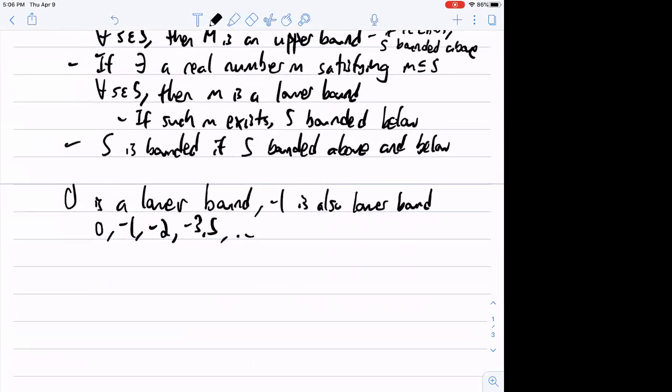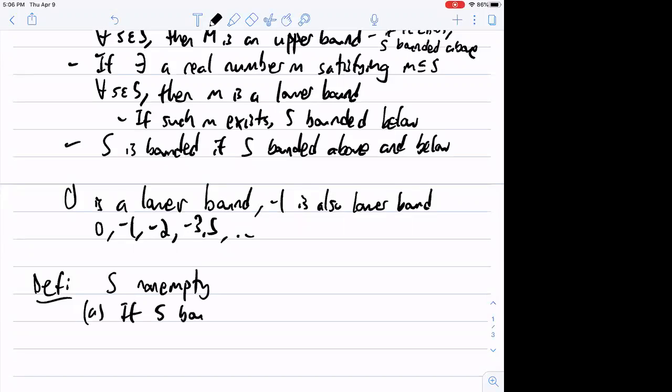So there's a lot of definitions here, but hopefully it's all intuitive. S again is non-empty.